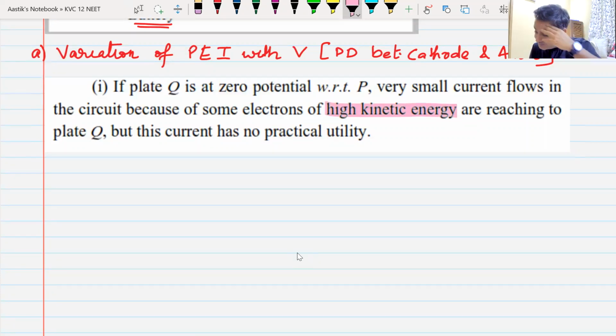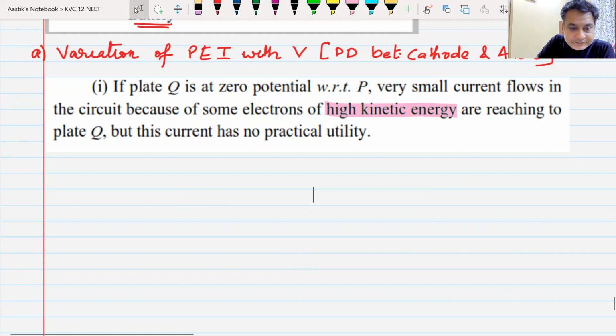Do we understand this? Zero potential means they are at the same potential. Even if they are at the same potential, some current flows, some electrons are emitted. Great point. So some electrons are emitted with some kinetic energy, even if there is no potential. You understand this first point?